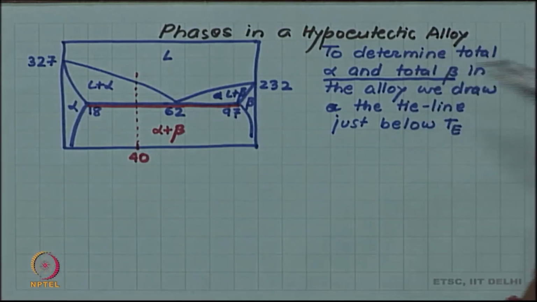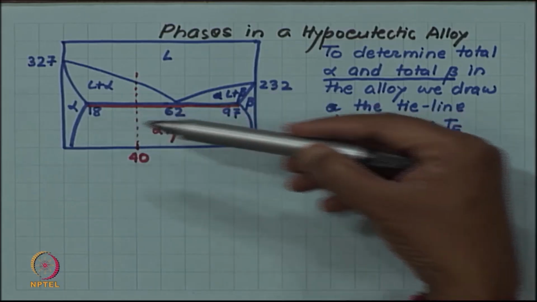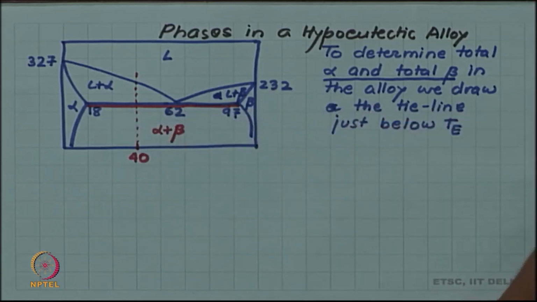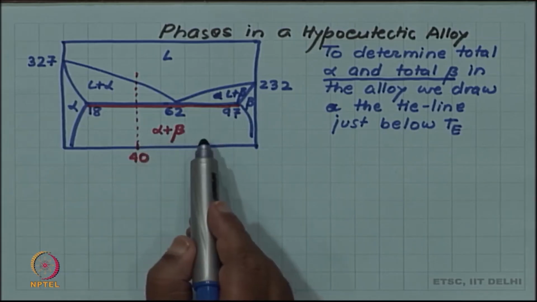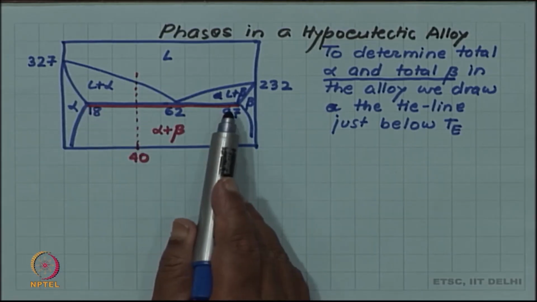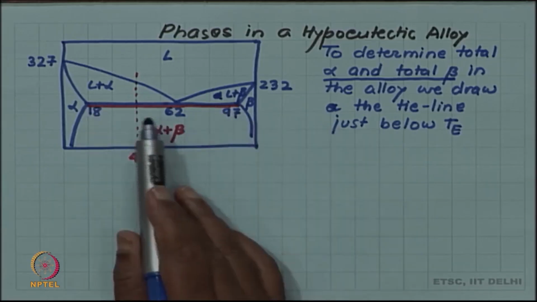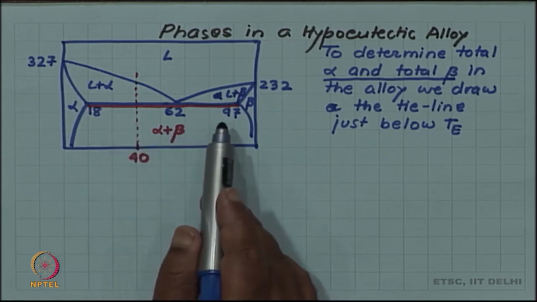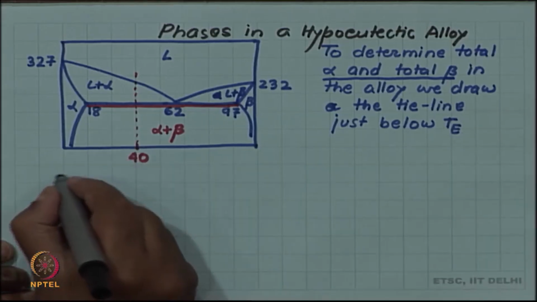Since we want total alpha and total beta, we have to take a tie line below the eutectic, because that is where we have alpha and beta, and if we draw a tie line like this, this tie line does not distinguish between pro-eutectic alpha and eutectic alpha, it will give you total alpha.